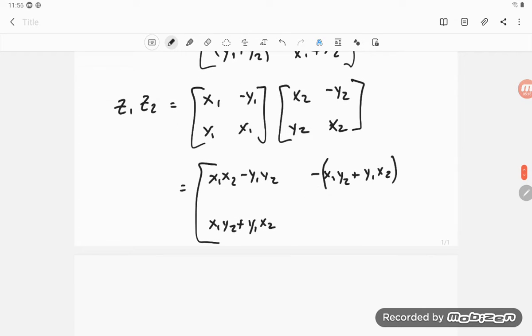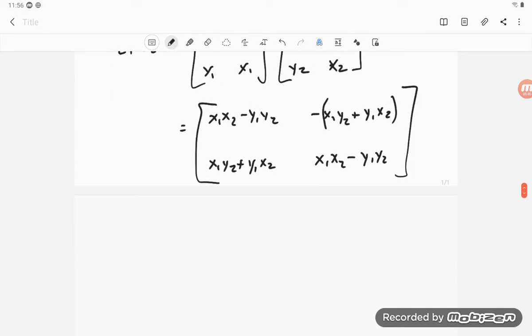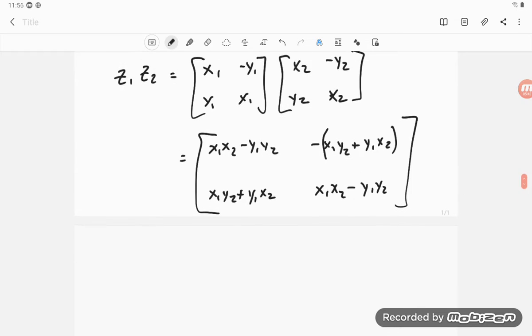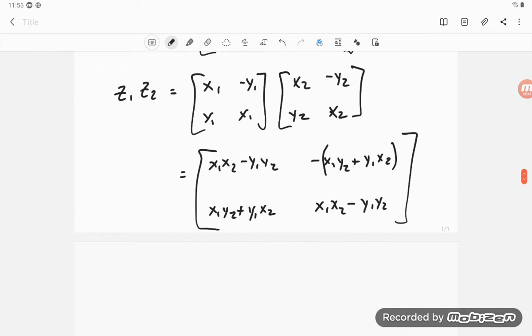So you see that's looking like it's the right form. And then finally, for the last part, bottom row, second column, I get x1 x2 minus y1 y2. So it's closed under multiplication, and we can see how this multiplication works.